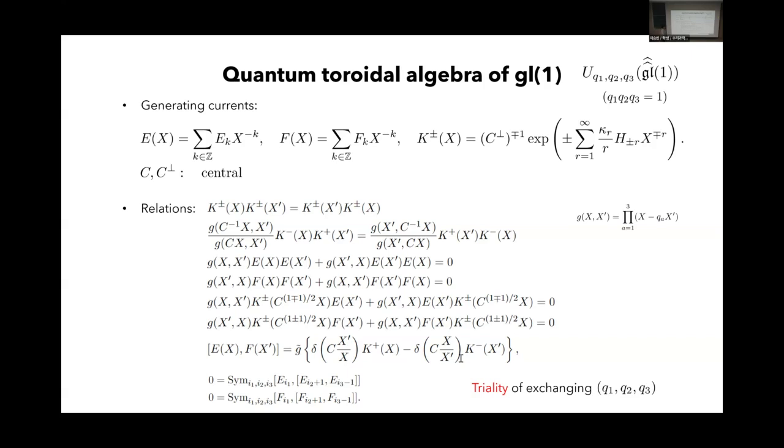There are some central elements, c and c_perp, and a set of complicated relations that have to be satisfied by these currents. But all of these relations are governed by a single structure function g, and this structure function g is explicitly invariant under the exchange of q parameters. So by skimming through these equations, you can see that the definition is explicitly triality invariant.